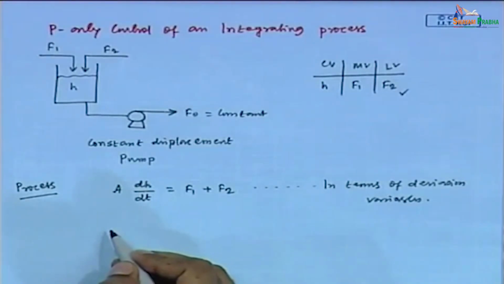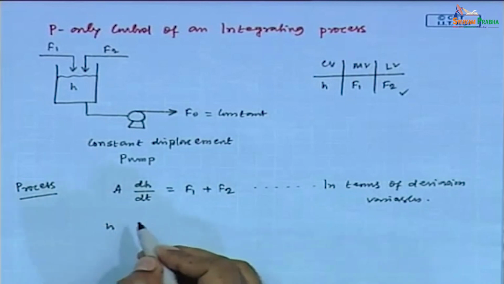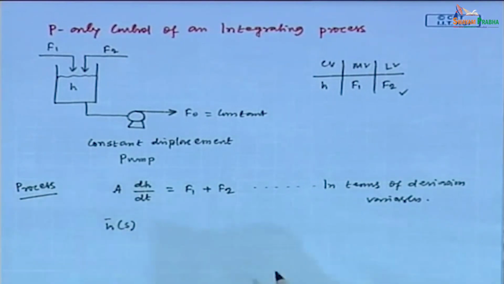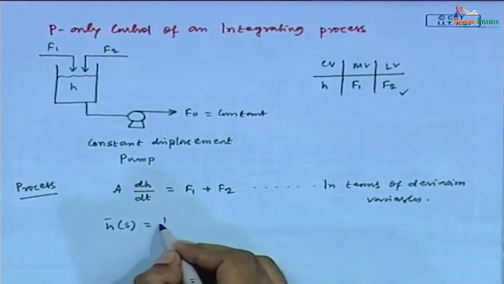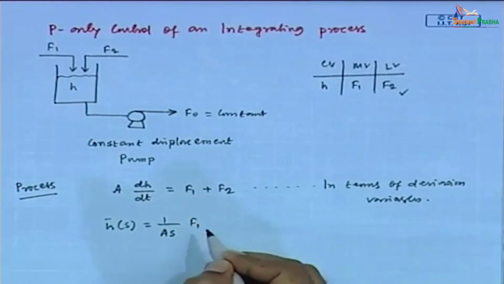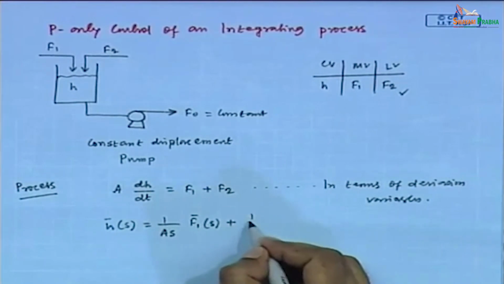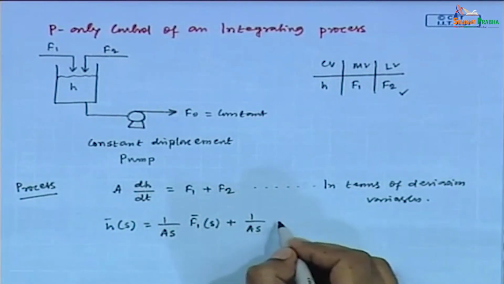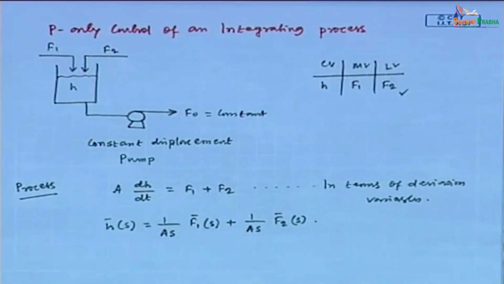Now, if we take Laplace transform and rearrange, we get H bar S equals 1 divided by AS F1 bar S plus 1 divided by AS F2 bar S. Taking Laplace transform, we get this form.